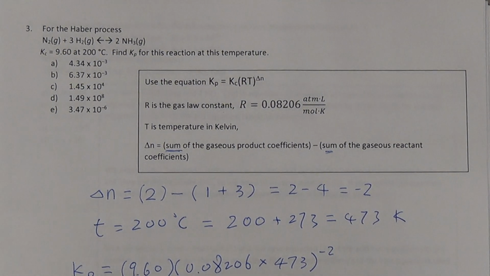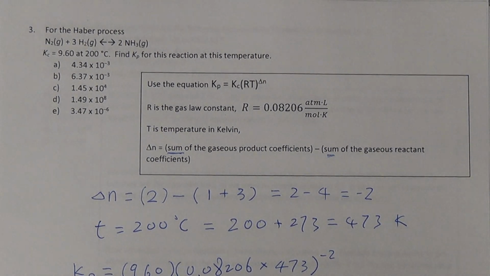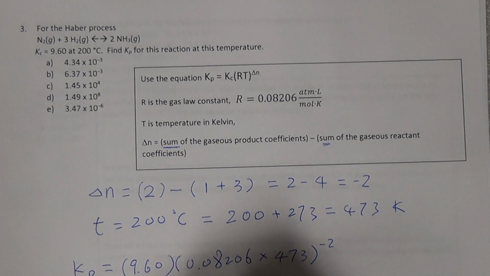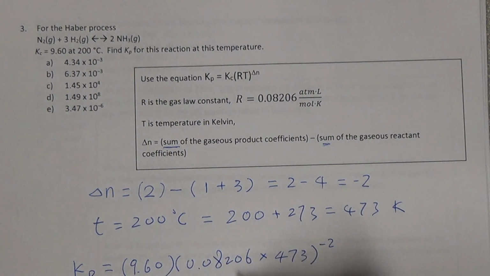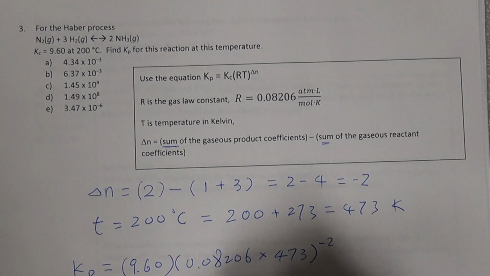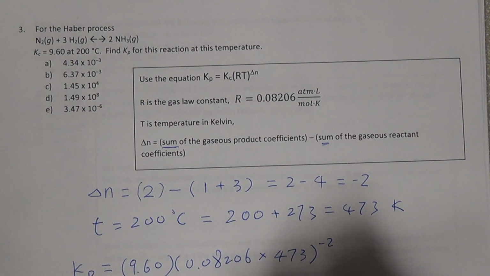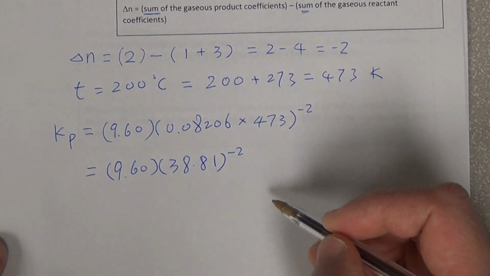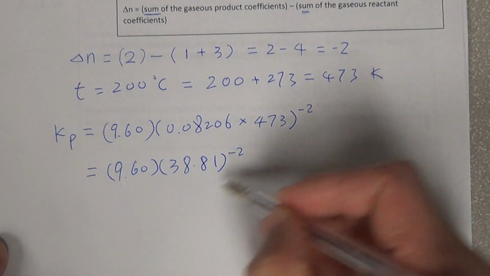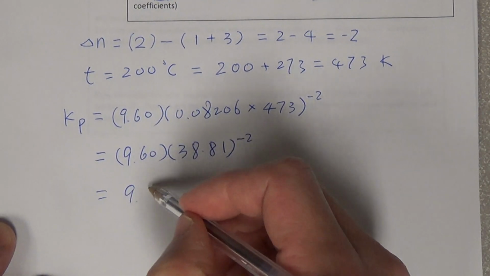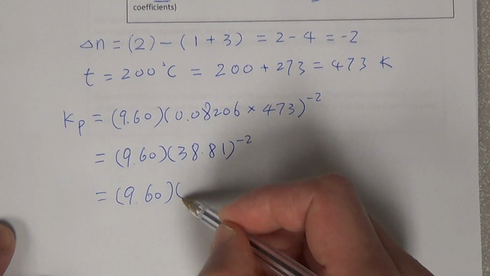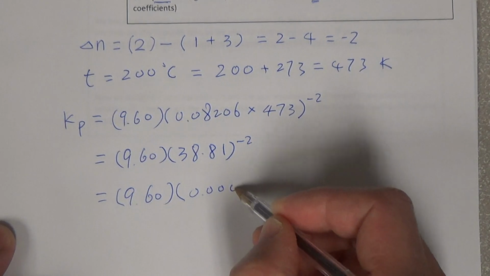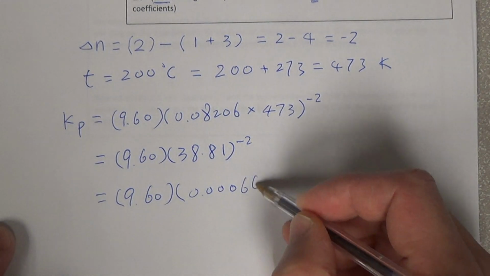Alright, so therefore you just take those numbers, do the calculation. Let's see, we will keep 9.60 for this one. Then we take these two numbers, multiply. We get, keeping 4 sig figs, and then to the negative 2 power, and this together to the negative 2 power becomes 0.000664.